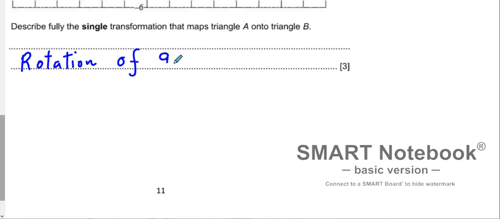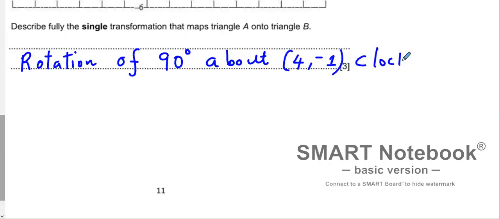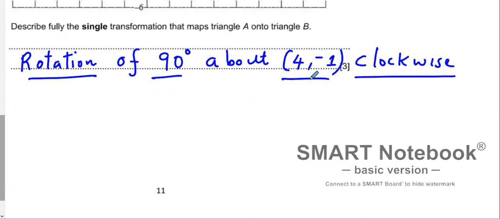It is rotation of 90 degrees about 4, -1, and the direction is found to be clockwise. So you are done. Rotation, yes. Angle, yes. Center, yes. So that marks the end of that question.